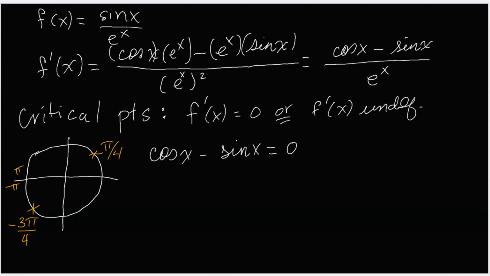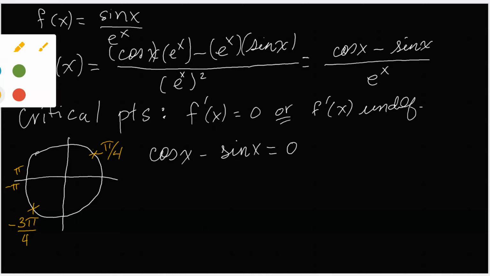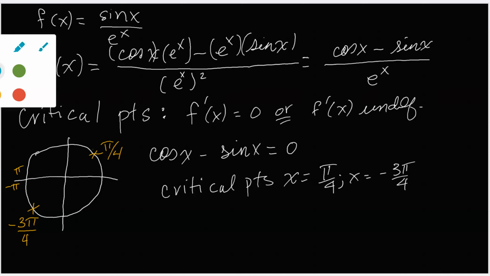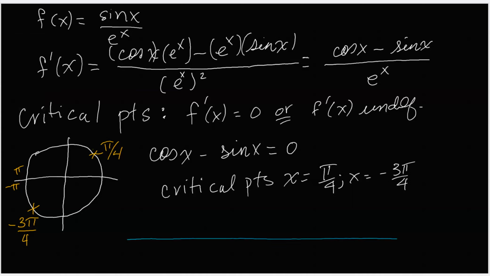So our critical points are when x is equal to pi over 4 and x is negative 3 pi over 4, which we will put on the number line and test. Negative 3 pi over 4 is right here, and we know the interval we're looking at is from negative pi to pi. And then pi over 4 is somewhere right here.